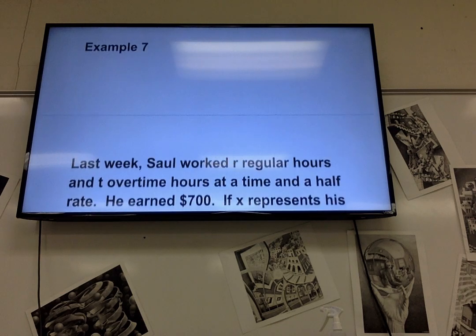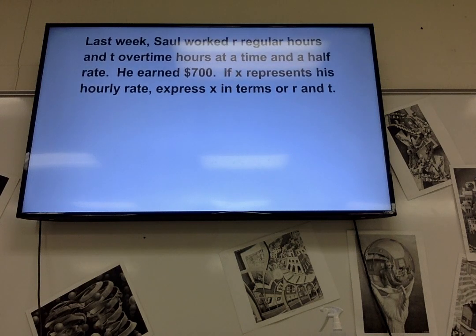Hold on. Okay. Example 7. Last week, Saul worked, okay, this is one that's going to be just in variables. Saul worked R regular hours and T overtime hours, again at time and a half. He earned a total of 700. X is his hourly rate.